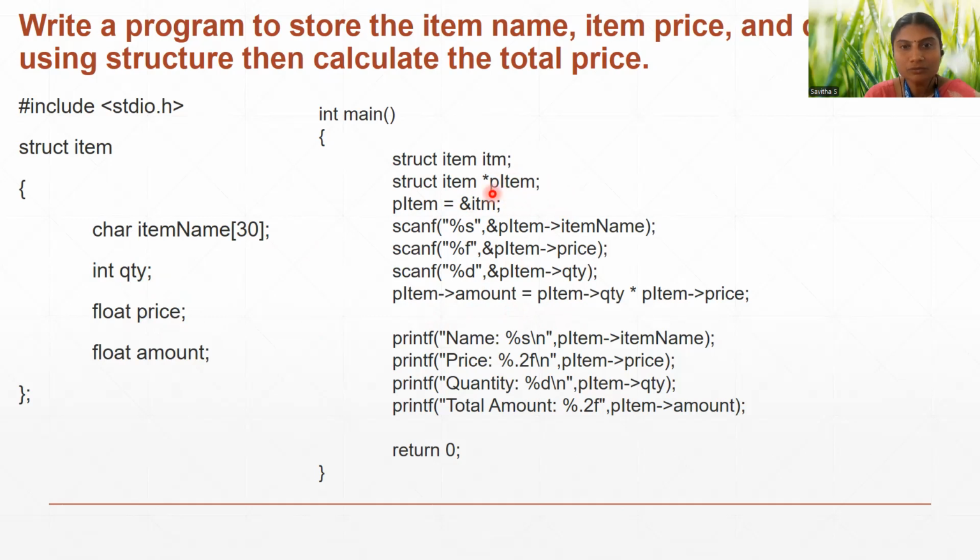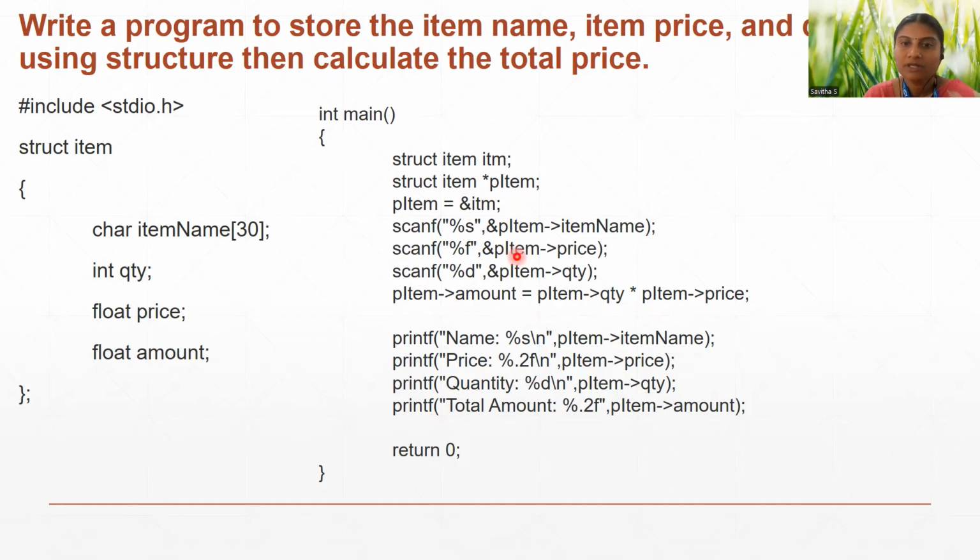But in the place of a pointer, we will use the arrow operator to call the particular variable. So address of p item arrow item name. Here is an arrow. Now p item arrow amount is equal to p item arrow quantity into p item arrow price.